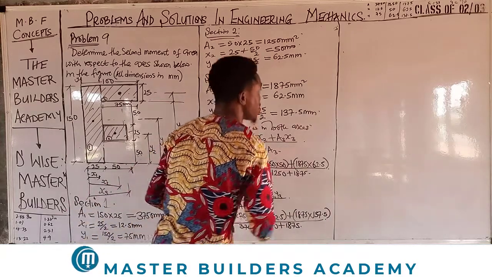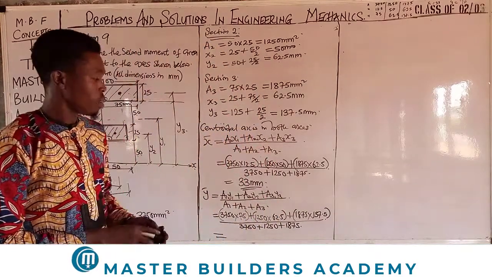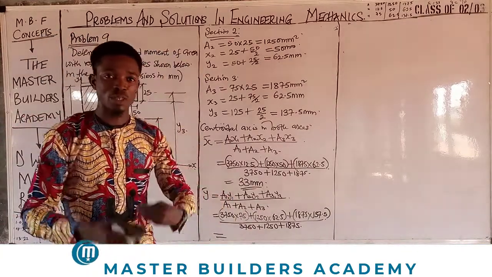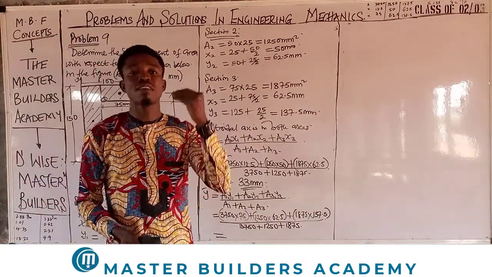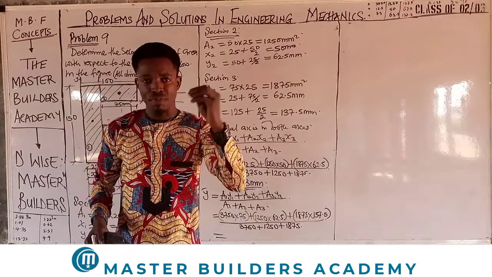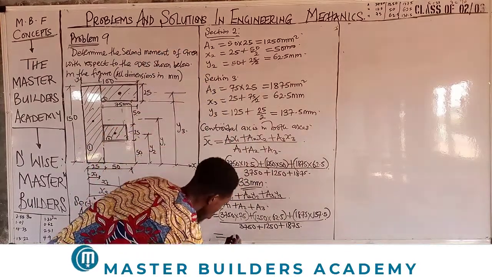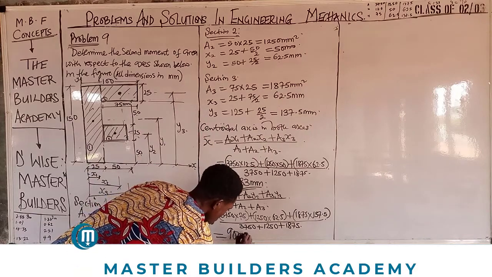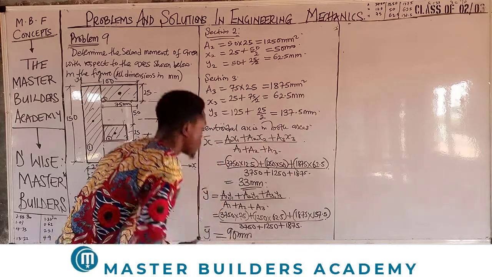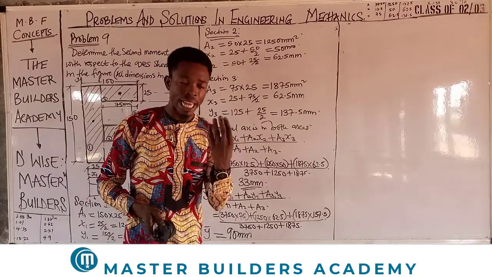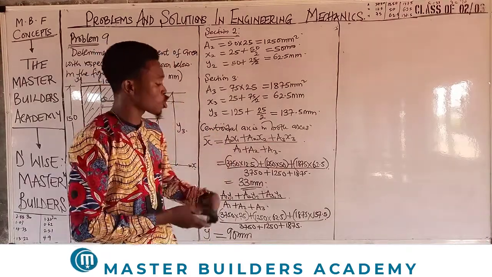When you punch this into your scientific calculator and simplify, you will have an approximate value of 90 millimeters. So this becomes 90 millimeters. This is our answer. Now we have successfully obtained the centroidal axis.